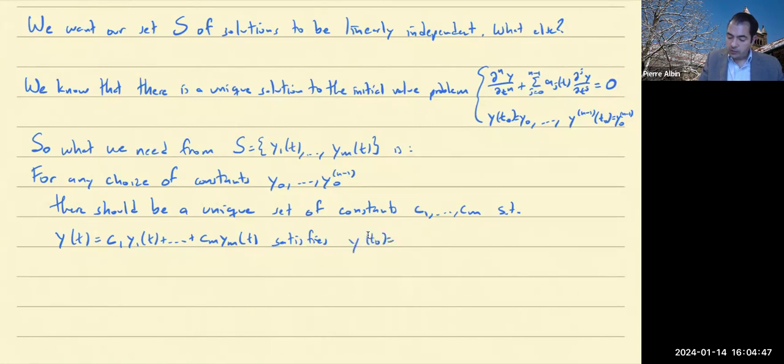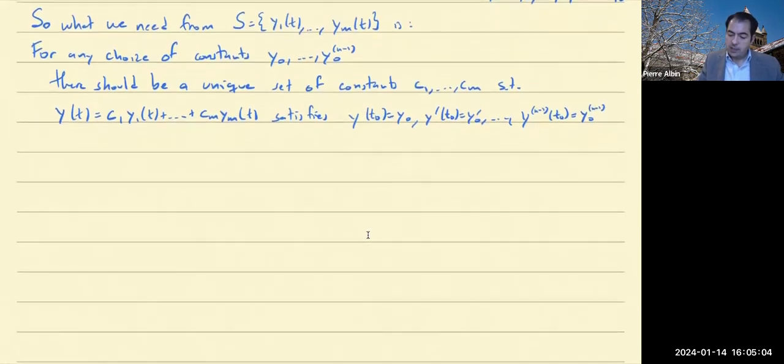Y of t naught is y naught, y prime at t naught should be y naught prime, up to the n minus 1 derivatives at t naught should be y naught n minus 1. Okay, so that's what we want from our set of solutions.